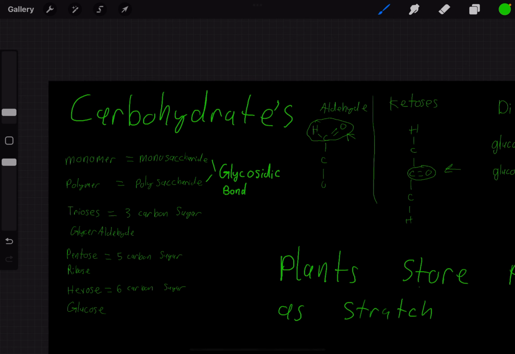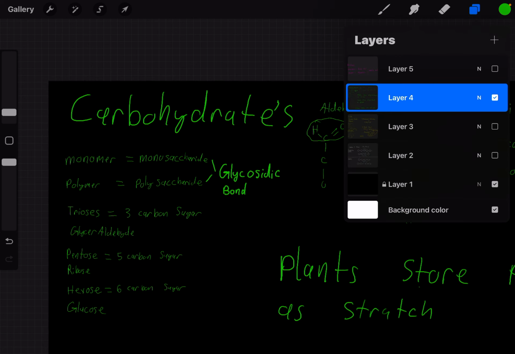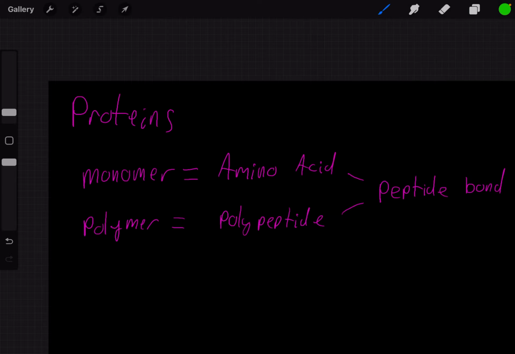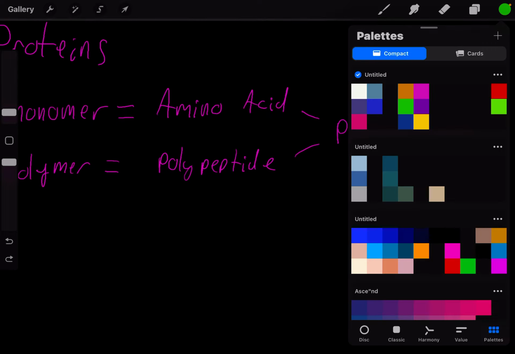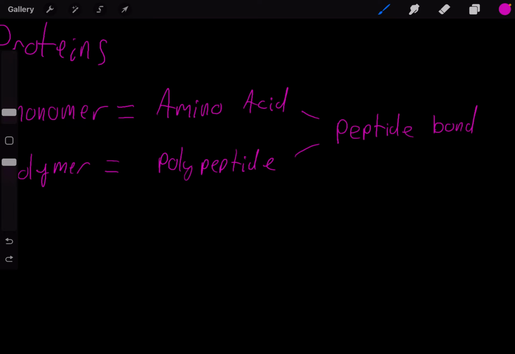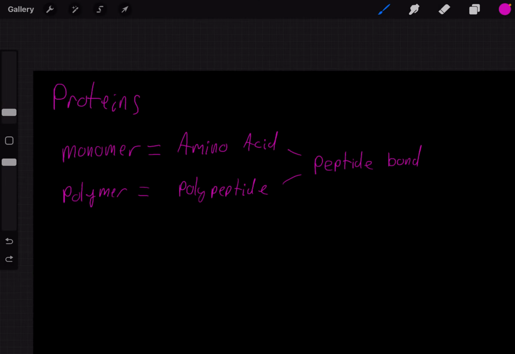I forgot to mention that. Proteins create a peptide bond. So you can remember that a polypeptide is the polymer, and the peptide bond is what actually forms the bonds.